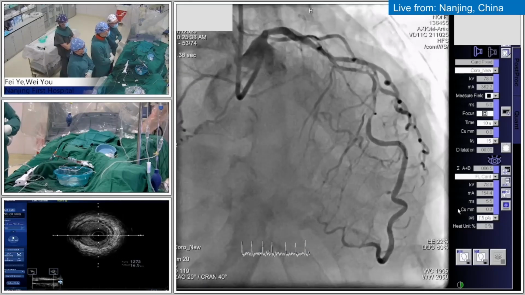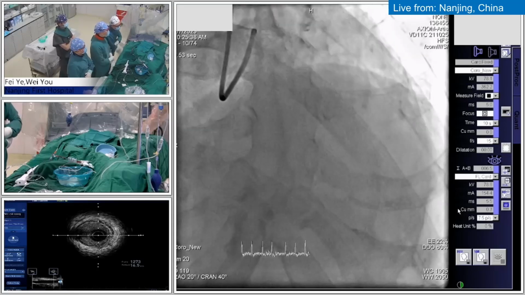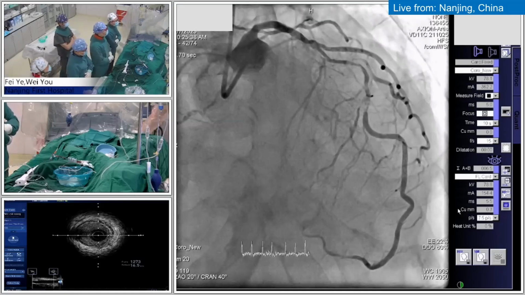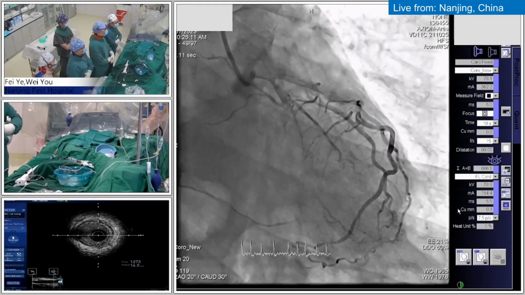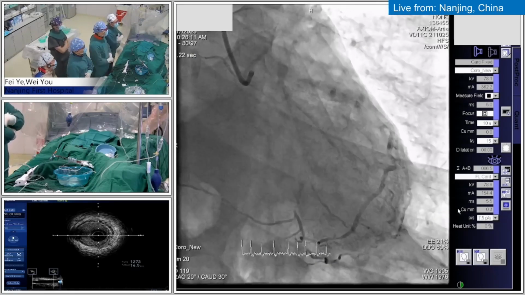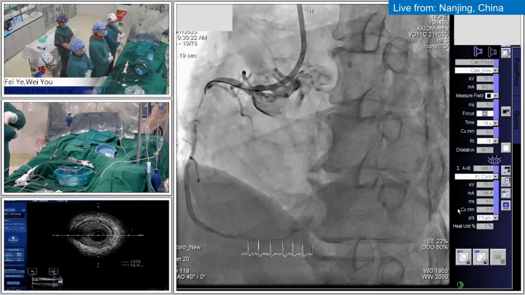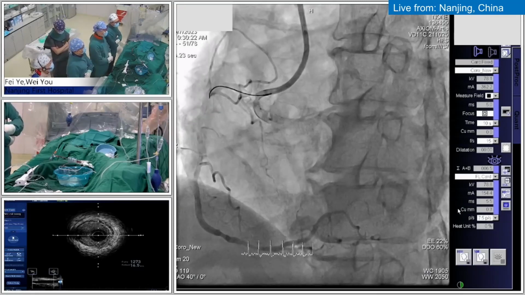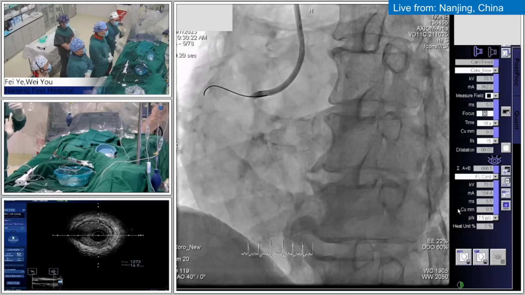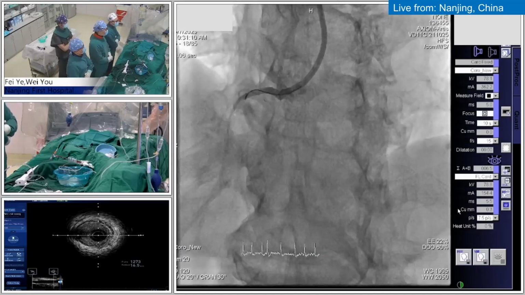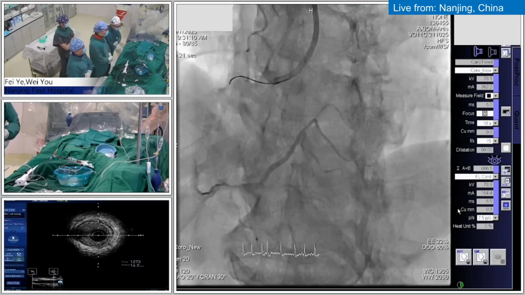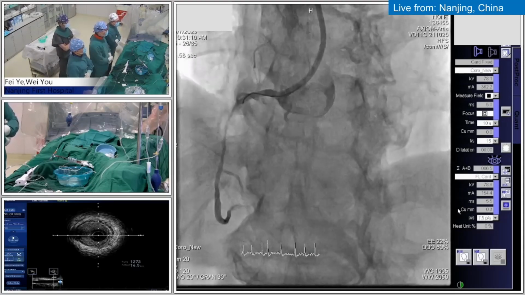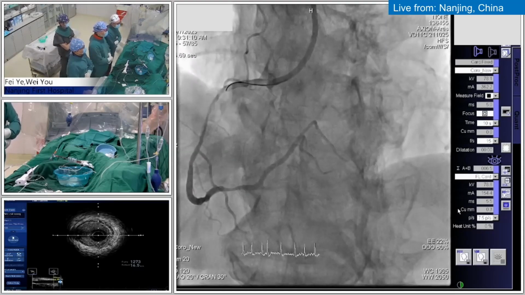The cranial view shows very clearly the very diffuse long lesion, extending from the proximal LAD to the distal LAD with big angulation, and you can see from the angio it is very severely calcified. And unfortunately, we find the previously treated vessel, the circumflex, re-occluded again. But fortunately, it's not the dominant vessel.